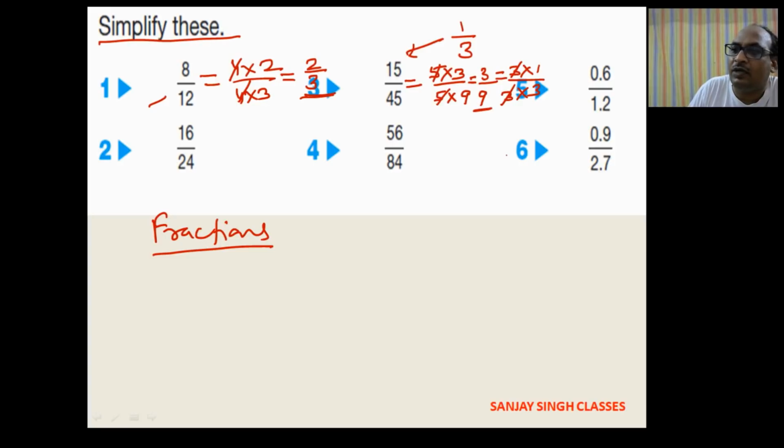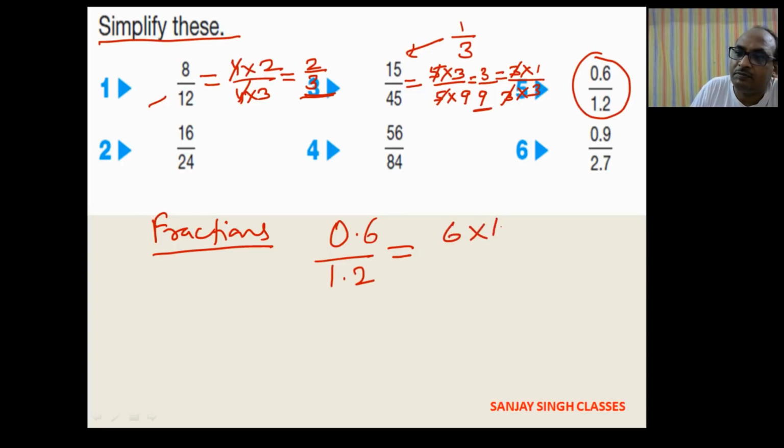Similarly, next one we are going for is 0.6 by 12. Sorry, not 12, it is 1.2. So here I will be doing 0.6 by 1.2. Now, in order to remove this decimal, since one digit is there after the decimal point, we can remove it by multiplying by 10.